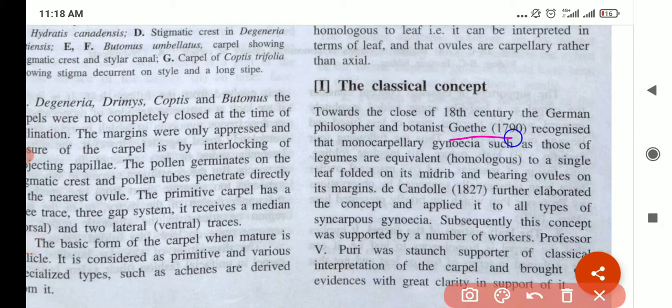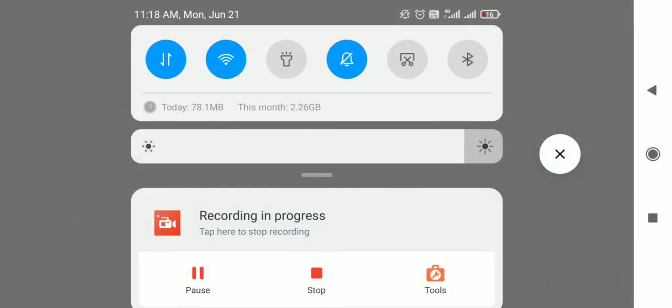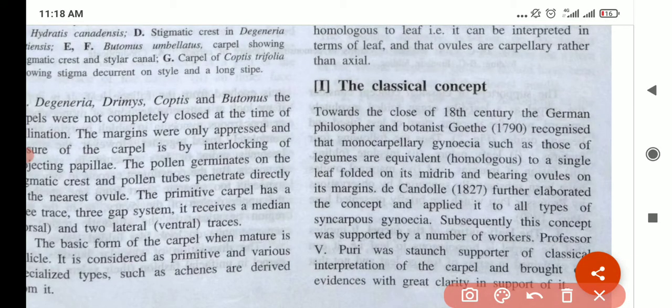The philosopher Goethe says that monocarpellary gynoecia, such as those of legumes, are similar to a single leaf folded on its midrib. Just imagine a pea pod as a simple leaf that simply folded from here and became a pod. He just thought like that. So let him think; science is like that, you accept everybody's theory.